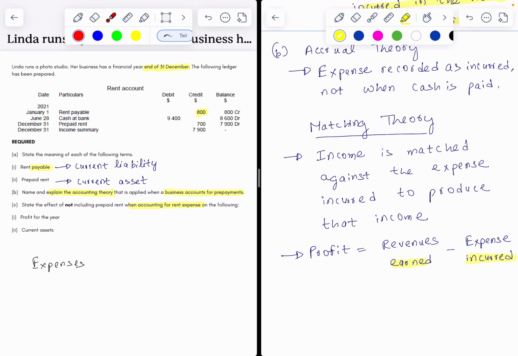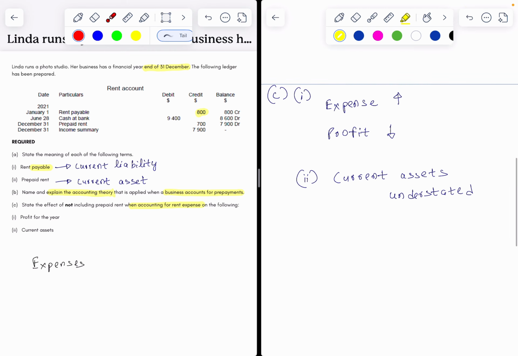Okay? Now, part C, state and explain the effect of not including prepaid rent when accounting for rent expense on the following: profit for the year and current assets. So if we fail to record prepaid rent, which we understand is a current asset, what we will end up doing is overstating our expenses because we would have recorded that excess payment of $700 as part of our rent expense, which we have actually incurred this year, right?